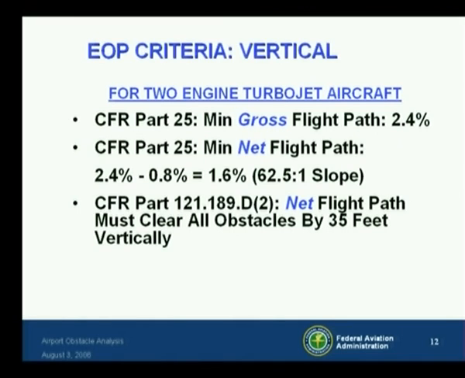CFR 25 also prescribes a second flight path called a minimum net flight path. It's basically the gross minus a 0.8% safety buffer that the FAA installed in that regulation many years ago. So the minimum net flight path equals 1.6%. And that's equivalent to something called a 62.5 to 1 slope.